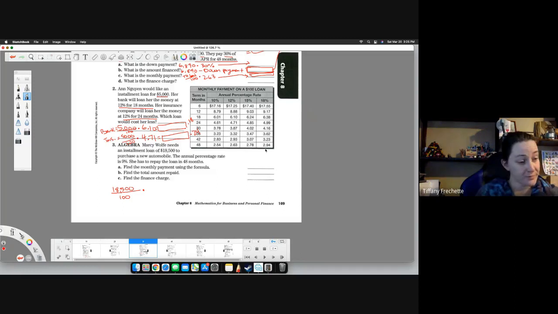So what I do believe we need to do is, and it says using the formula, and instead of using the formula up above, I believe what it wants you to do is use the formula for calculating interest. It's interesting that that's the way they threw it on there.